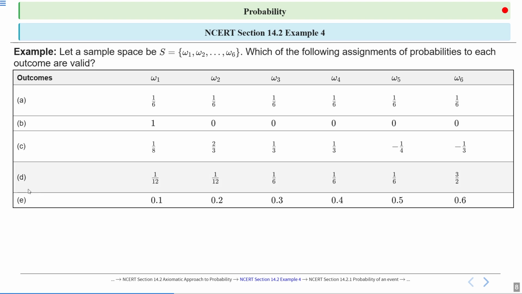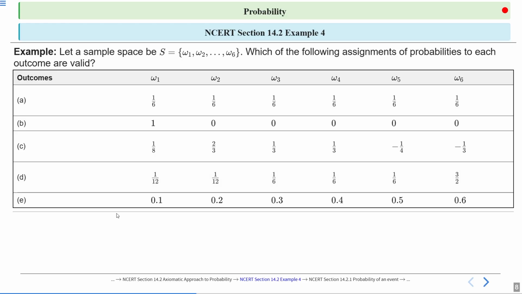S contains the outcomes omega 1, omega 2, omega 3, up to omega 6. Which of the following assignments of probabilities to each outcome are valid? So we have to check, amongst the 5 assignments, which assignments of probabilities to each outcome are valid.